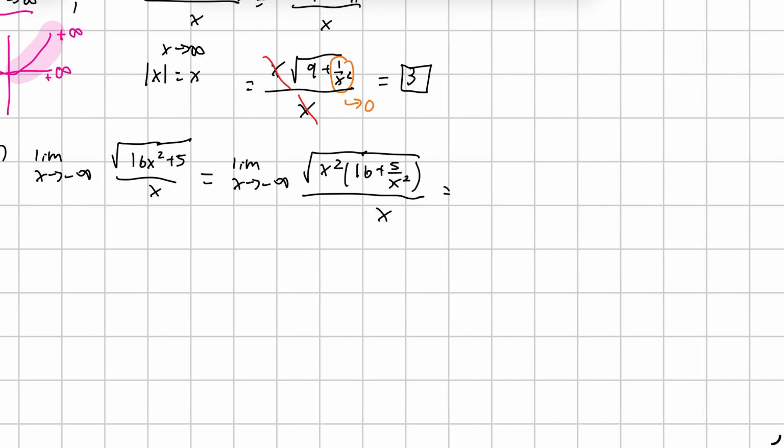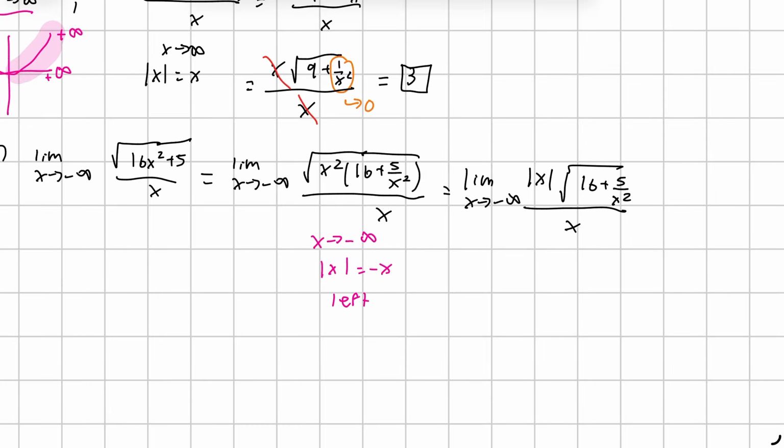Next, you can write this as the limit as x approaches negative infinity of the absolute value of x, and then we have the root of 16 plus 5 over x squared. Now we have division by x there. So because we know x approaches negative infinity, that's going to make the absolute value of x equal to negative x because we're looking at the left side this time.